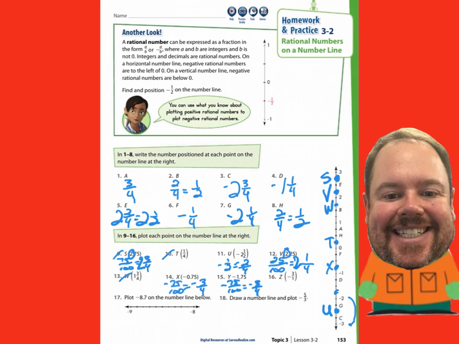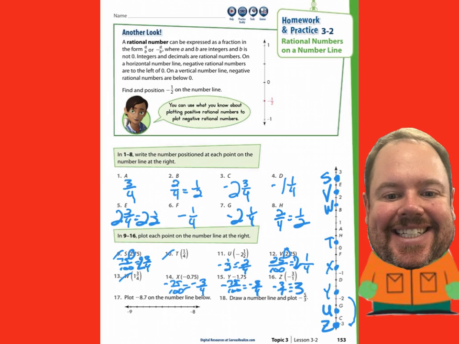So negative 1 3/4 is going to be Y. And then Z, we have negative 3/1. And if I do 3/1, it means 3 divided by 1. So negative 3/1 is equivalent to negative 3, which puts me right there, and that is my Z. Great job.